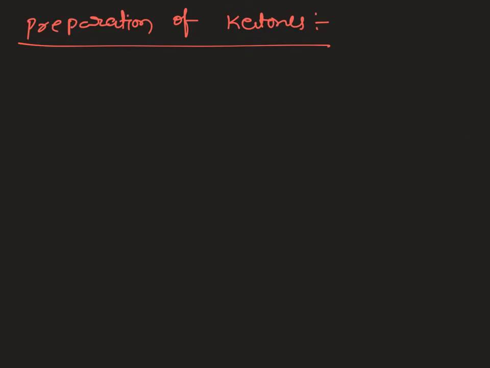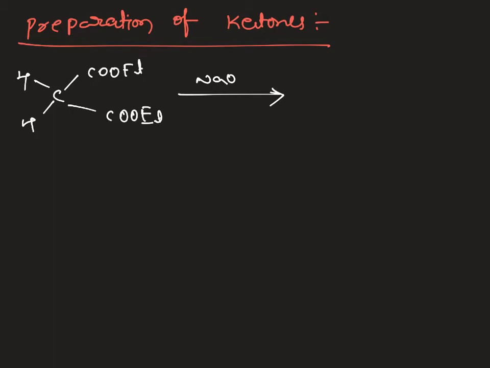Preparation of ketones. We can prepare ketone by using diethyl malonate. If I use a base which abstracts the acidic hydrogen, it forms a carbanion.